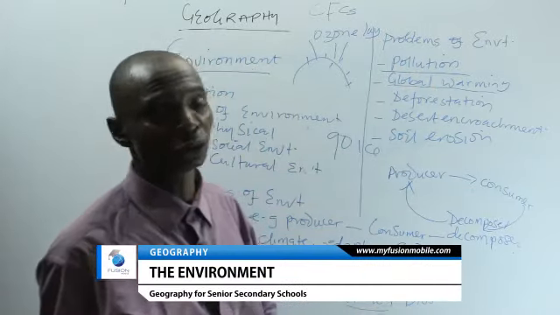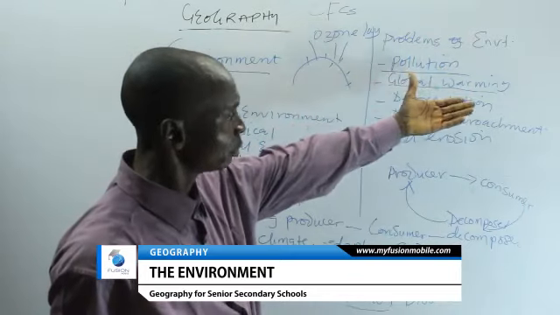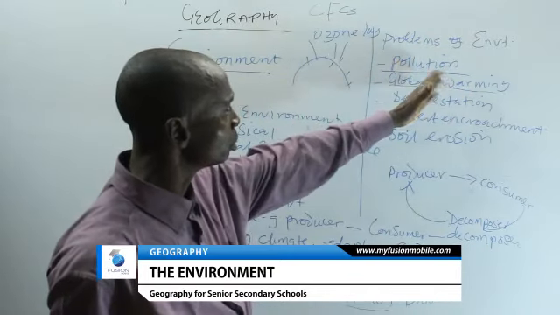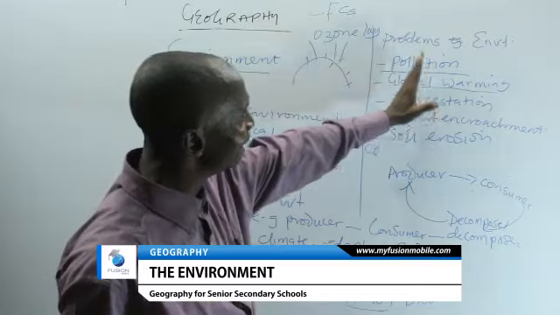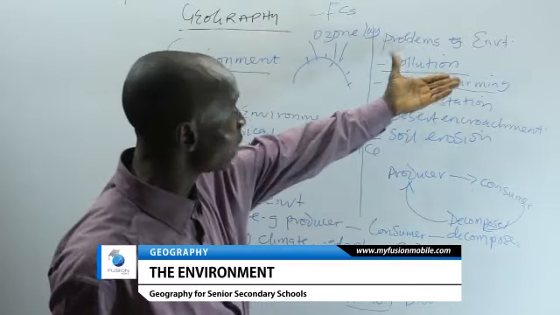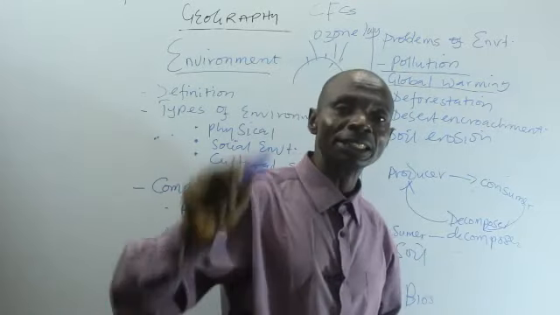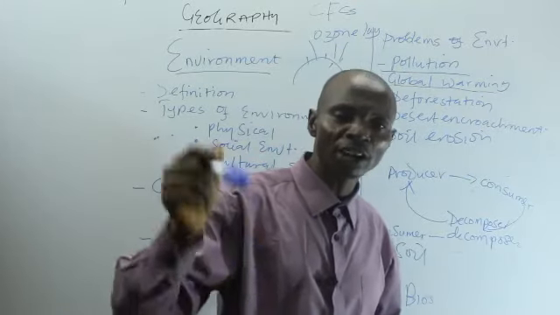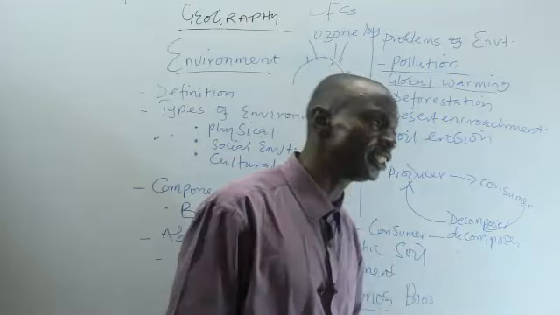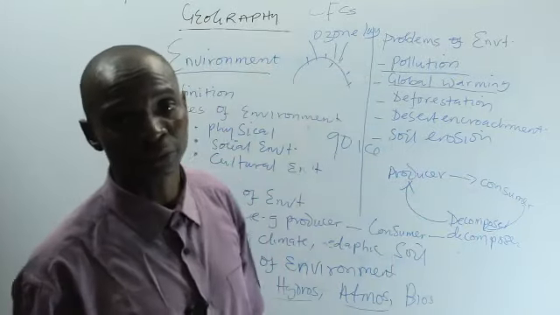And as students of geography, we can do a lot to step down these problems. We can do a lot. The best thing you can do is what we are doing now. The best way to control environmental problems is through environmental education.